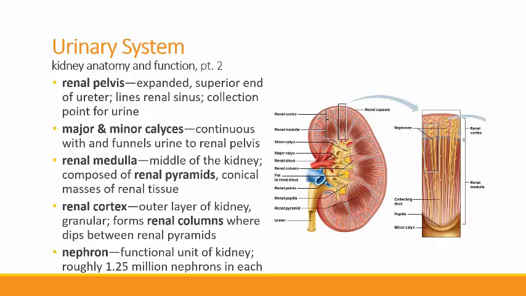Those are the minor calyces, and then it is funneled to these larger funnel-like tubes of the renal pelvis. Those are the major calyces, and in this way the urine is funneled toward the ureter, and so it collects there within the pelvis and then is washed down the ureter.